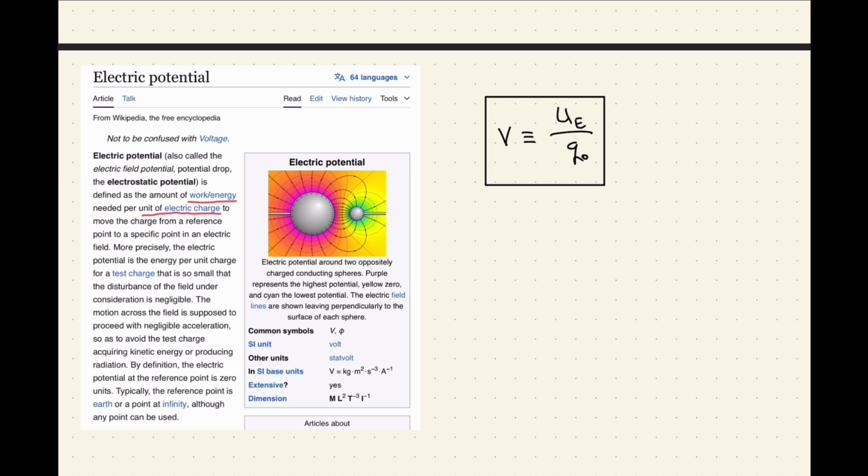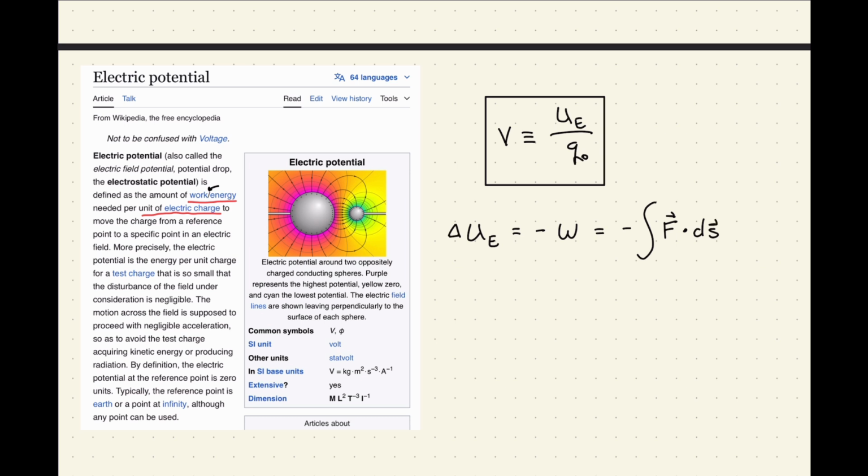And why they say work/potential energy over here is because of this other equation where we had the change in potential energy equal to and opposite to the work done. And if you remember, the work was calculated as a force times some displacement.